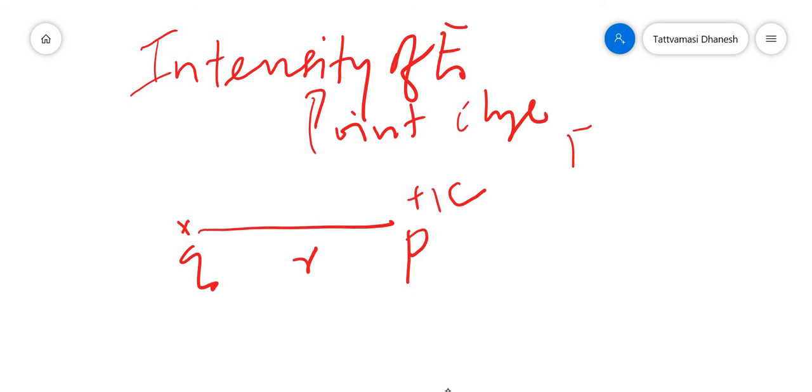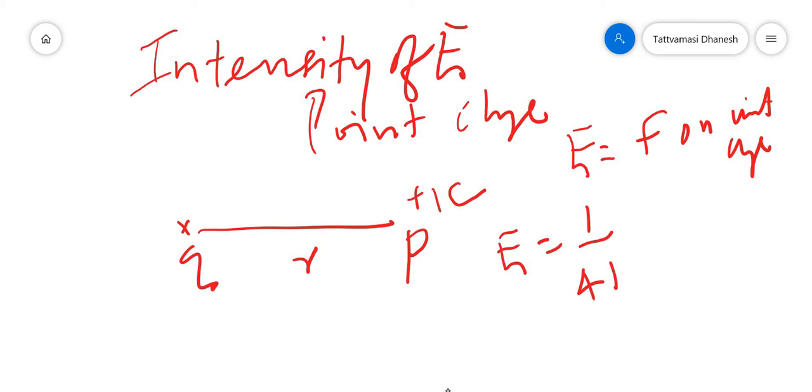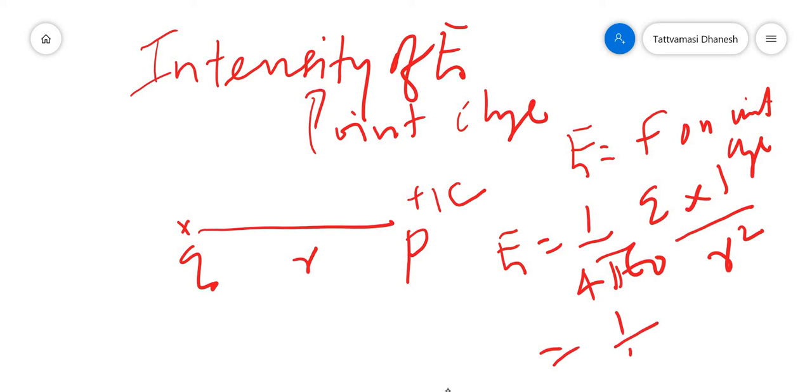So what is this force by Coulomb's law? E is equal to 1 by 4 pi epsilon 0 Q1 Q2 by R square. Q1 is Q, Q2 is 1, divided by distance R square. So the formula becomes 1 by 4 pi epsilon 0 Q by R square.